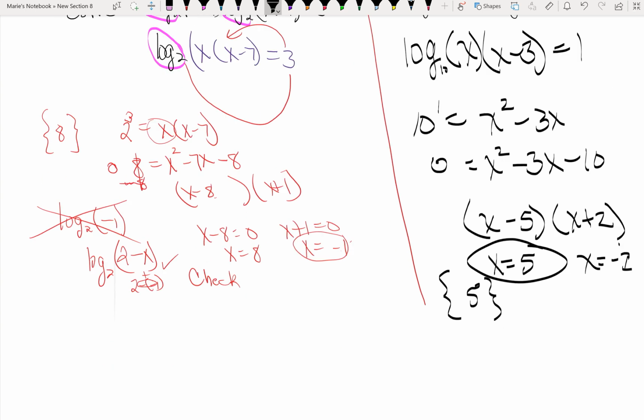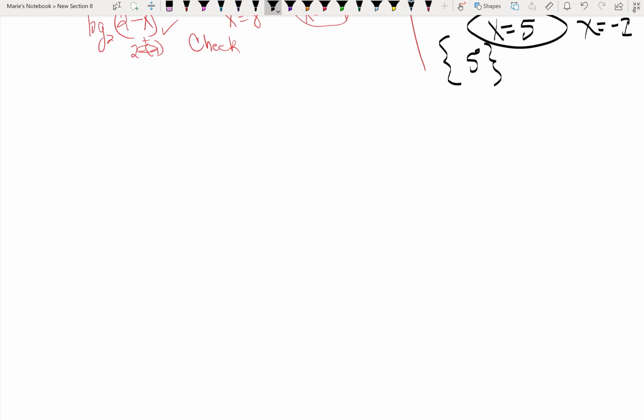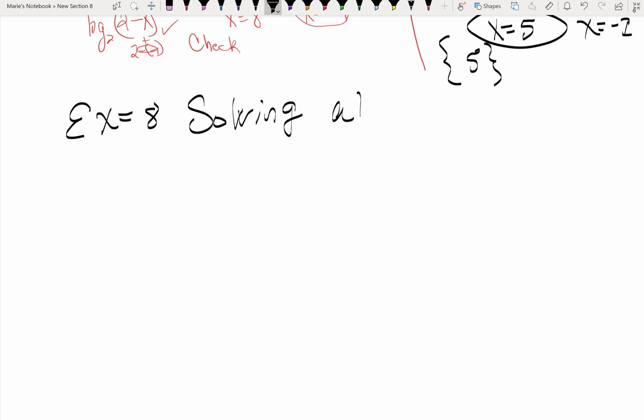Let's do number 8. I think we can make it happen. Okay, so when x is equal to 8, I have solving a logarithmic equation.